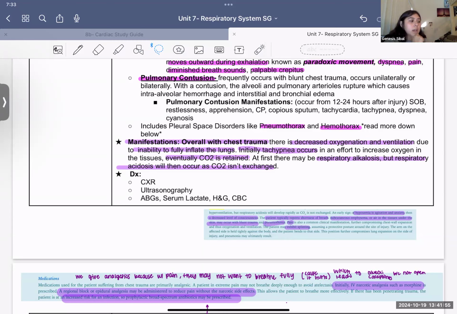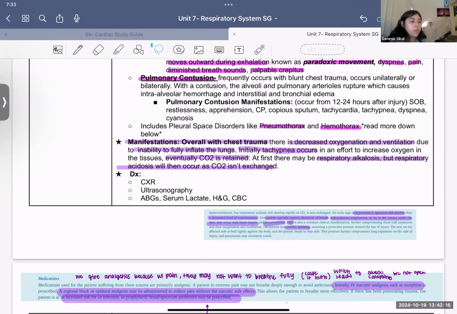So one thing is that you can see shortness of breath, and this usually occurs 12 to 24 hours after the injury, restlessness, because again, you're having a hard time breathing, apprehension, chest pain, copious sputum, tachycardia, tachypnea, dyspnea, and cyanosis. So again, this all has to do with shortness of breath, right?